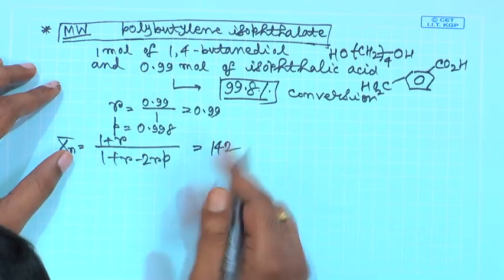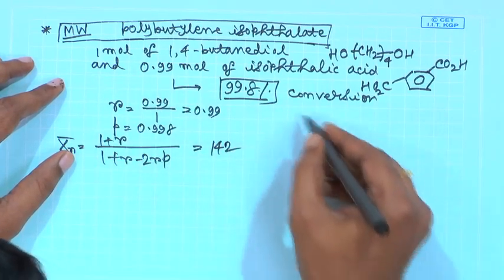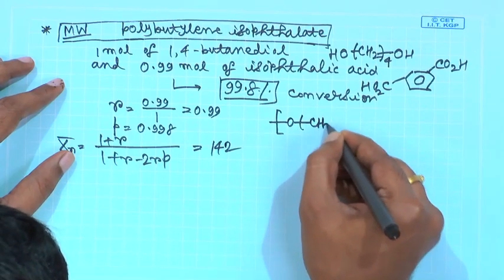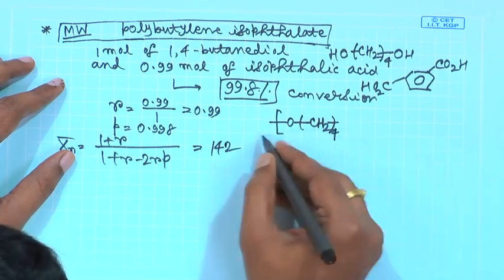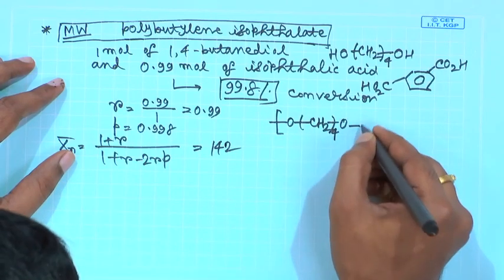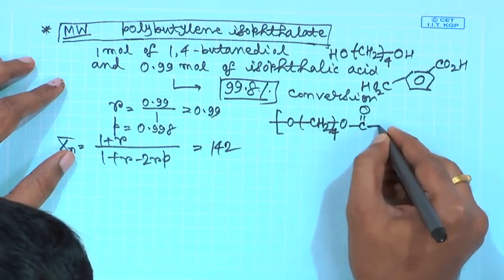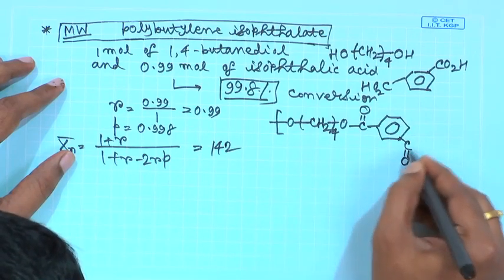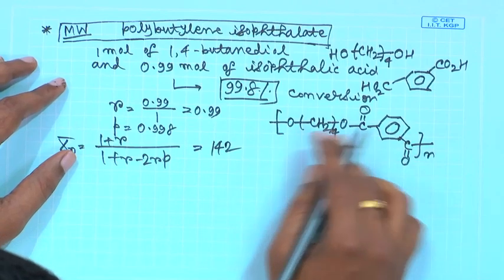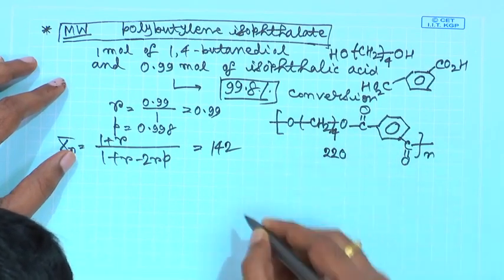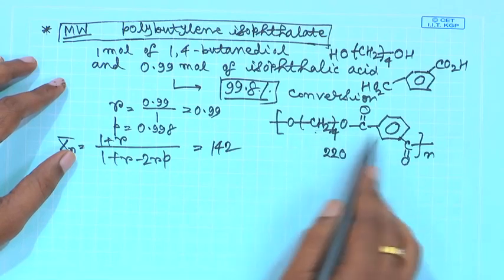So, what will be the molecular weight of the product? In order to do that, you have to draw the repeat unit structure, and be careful when you are drawing it that you do not make a mistake. So, this is the diol part, and this is the diacid part. The molecular weight of the repeat unit is 220, but there are 2 structural units per repeat unit.